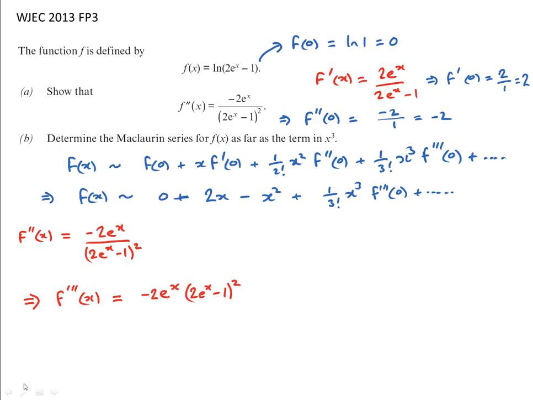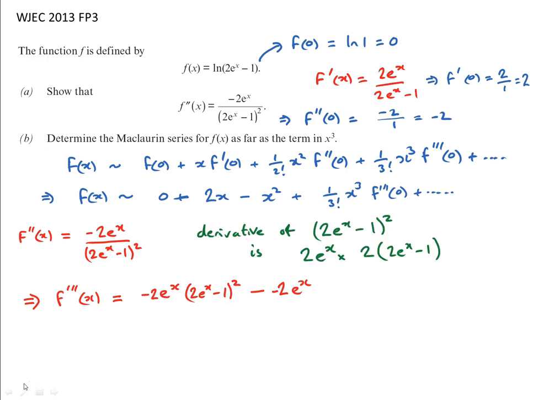Now the second part of the numerator is u times v dash. We know what u is, so we've got to subtract minus 2e to the x times by the derivative of v. So we need to differentiate (2e to the x take away 1) squared, which requires the chain rule.